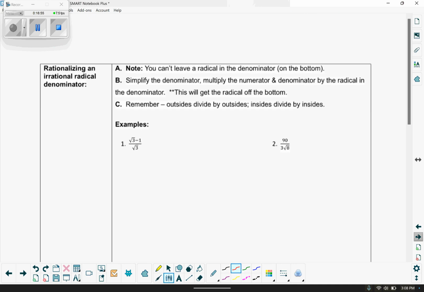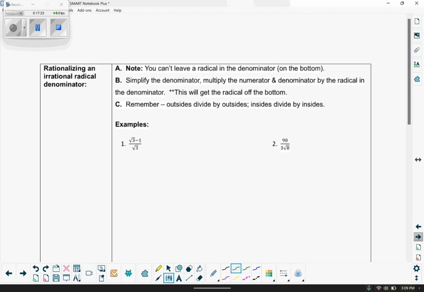All right, now we're going to talk a little bit about rationalizing the denominator. So we went through adding, simplifying, multiplying, and now dividing. Now we're getting into rationalizing the denominator, which is like a new concept for you guys. However, it will be very important when we're working with these special triangles because we cannot leave a radical on the bottom.